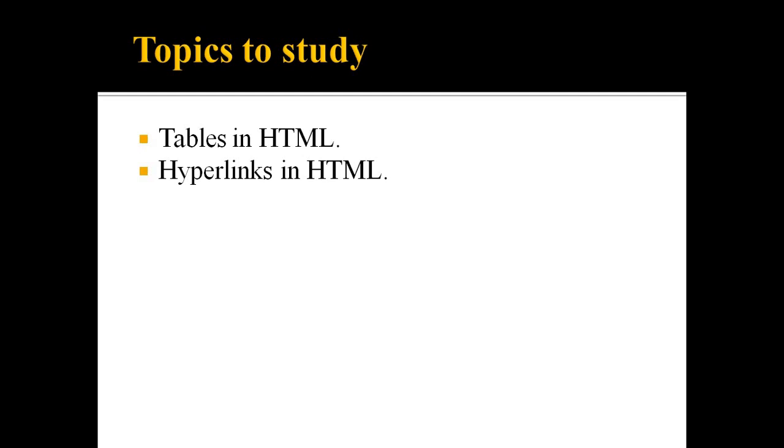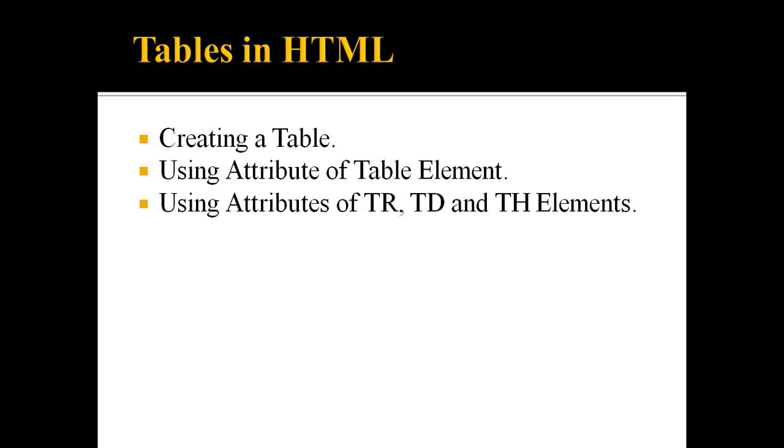And the next point that we will be studying in this chapter is hyperlinks in HTML. We will go further slowly. First we will see tables in HTML. The points we are going to study are: creating a table, by using which tag we can create a table in HTML, and how to use the attributes of the table element.